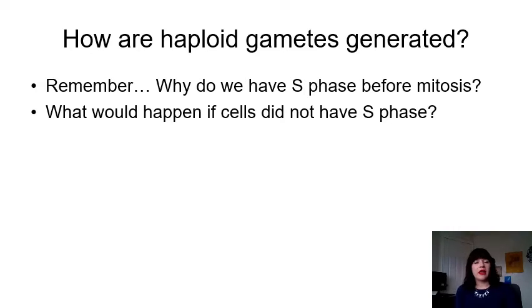Now, what would happen if a cell underwent mitosis but didn't first undergo S phase? You would result in cells that were missing half of their DNA, because in order to split the DNA in two, first you have to duplicate it. In mitosis, you start with diploid cells, with 2 pairs of chromosomes, and you end with 2 pairs of chromosomes.